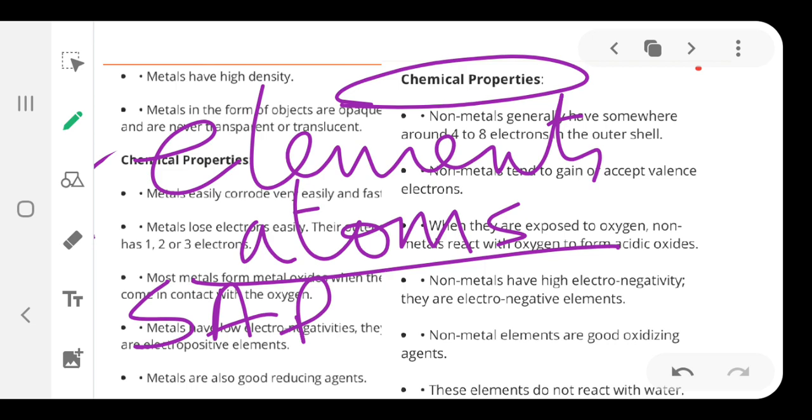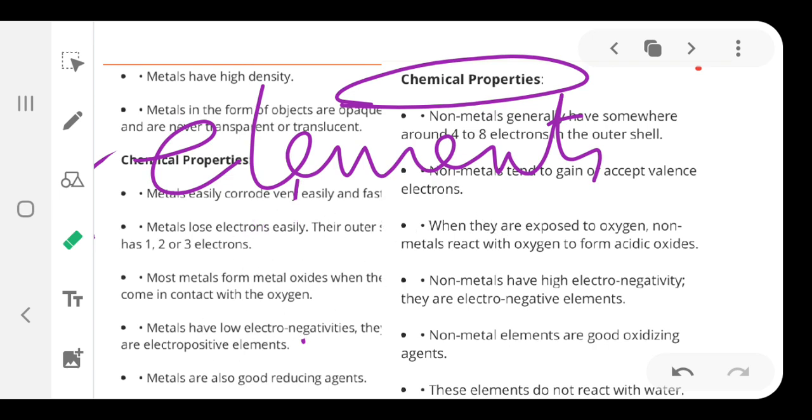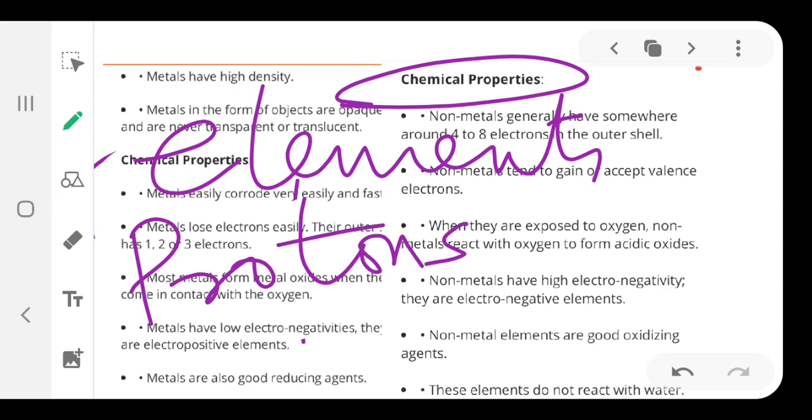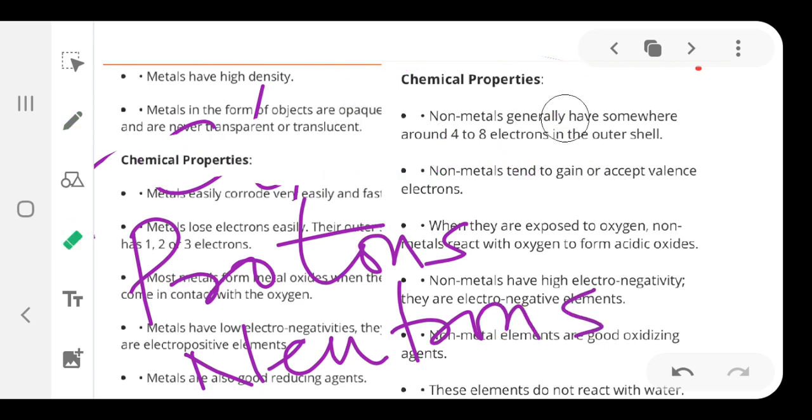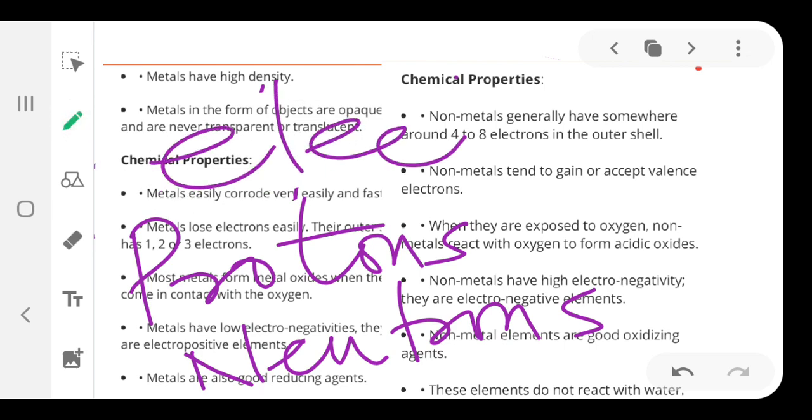In short we can say SAP, subatomic particles, and these subatomic particles are referred to as protons, then the second is neutrons, and the third, which we are going to study here, is electrons. Now for this class you only should know these names.